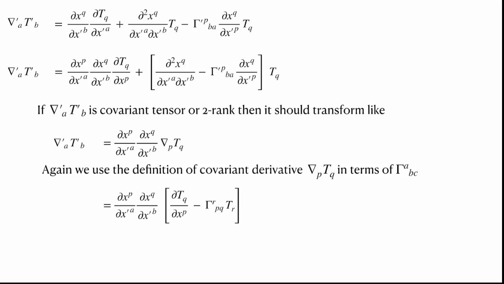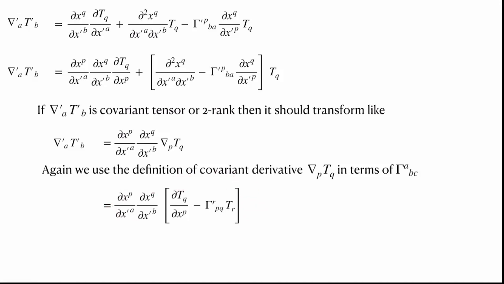Now again we express the form of the covariant differentiation. That is, we have a covariant differentiation here in the coordinate system x prime. Now we know that the covariant differentiation would take this form, and then we substitute that in this, and we obtain the expression for the covariant differentiation in the coordinate system x.